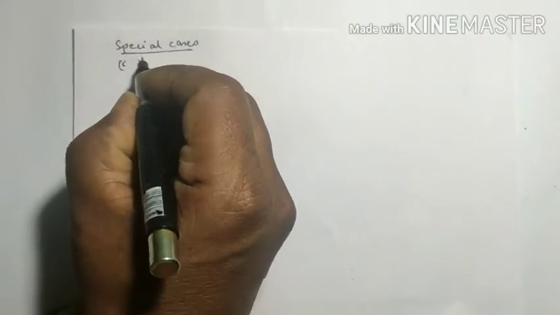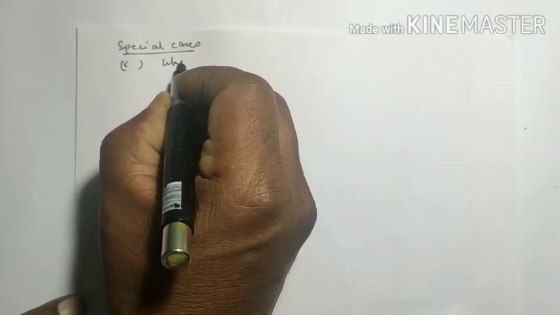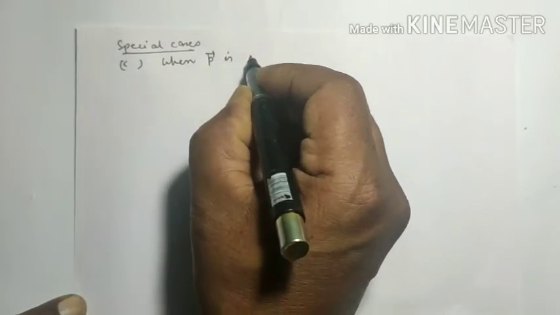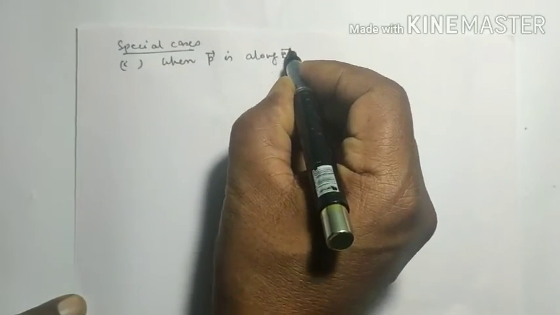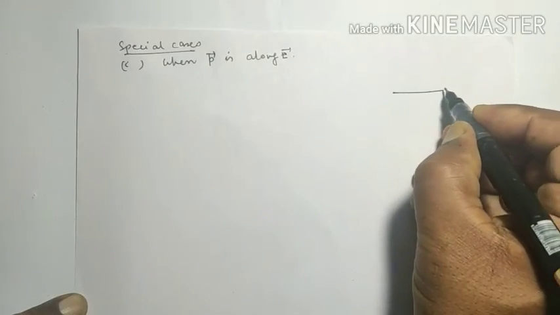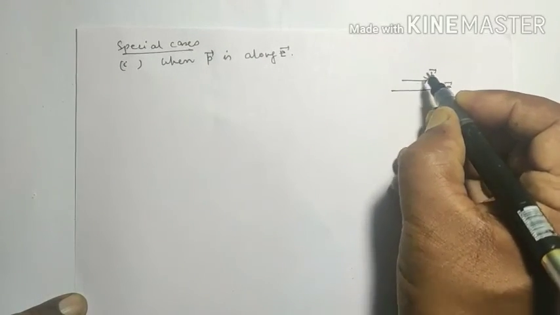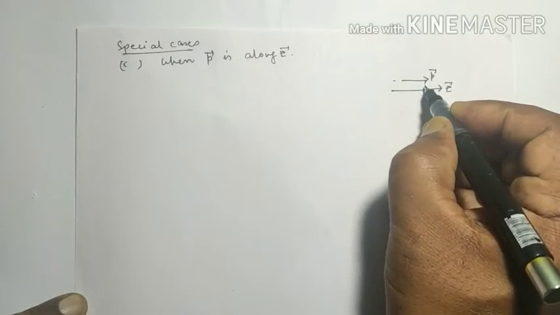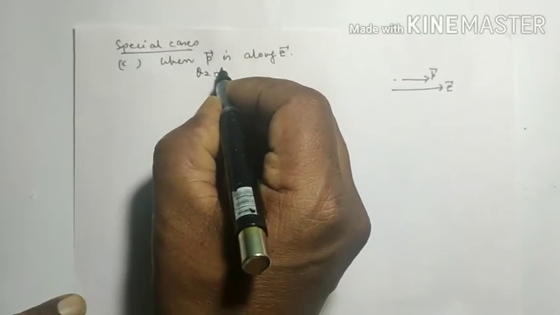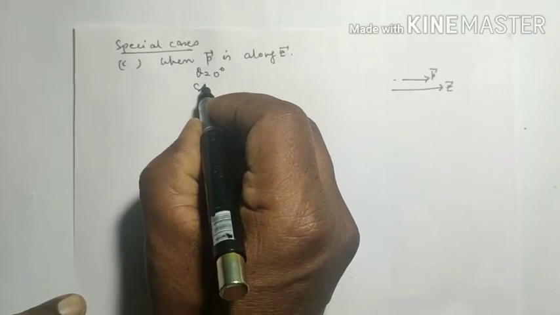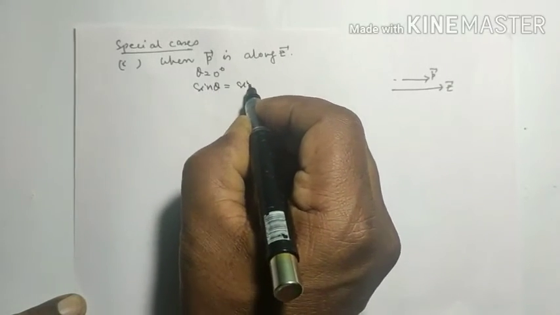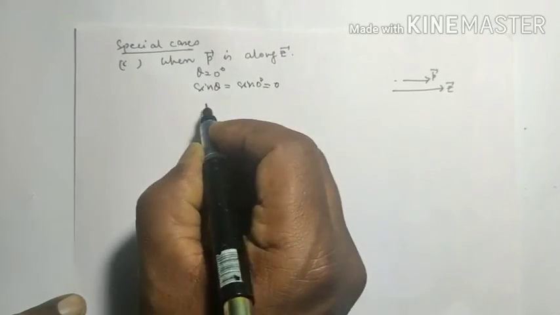Special cases: when p is along E, when p vector is along E vector, that means this is E vector and the dipole is p vector. So p and E are parallel. So theta equal to 0 degree, sin 0 degree is equal to 0.